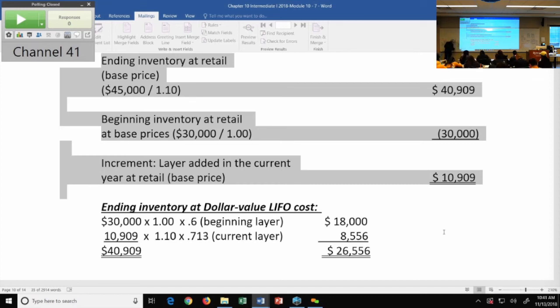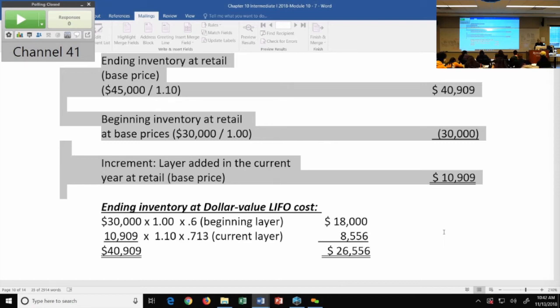This is regular LIFO, 28,695. So this is considered dollar value LIFO with stable prices. Taking out the effect of inflation, this includes inflation, and the difference is 2130. And that difference is all embedded in the increment, or current layer. The difference is the inflation.